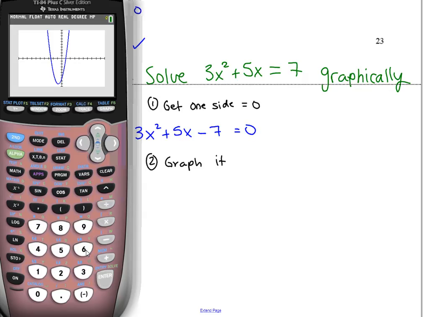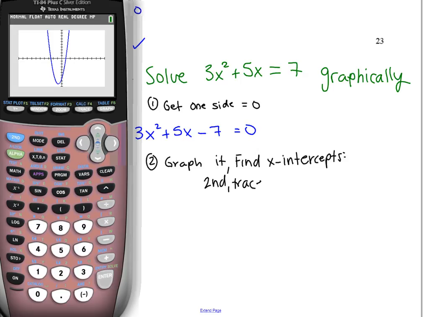Okay. So I graphed it. Now what do I want to do? Find my x-intercepts. How do I find my x-intercepts? Second trace 2 for zeros.